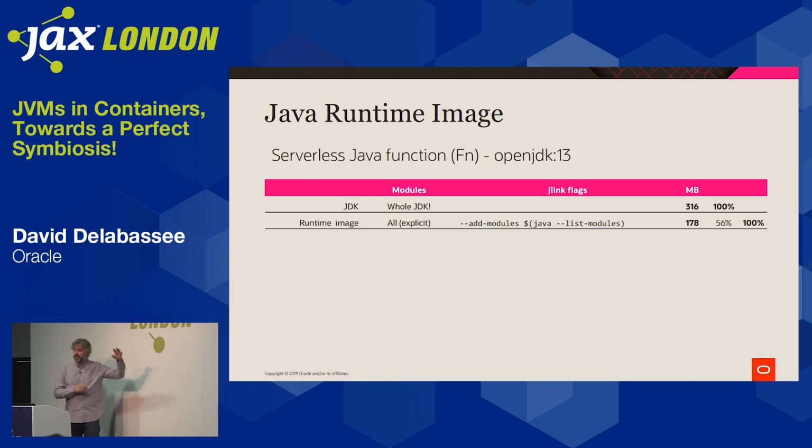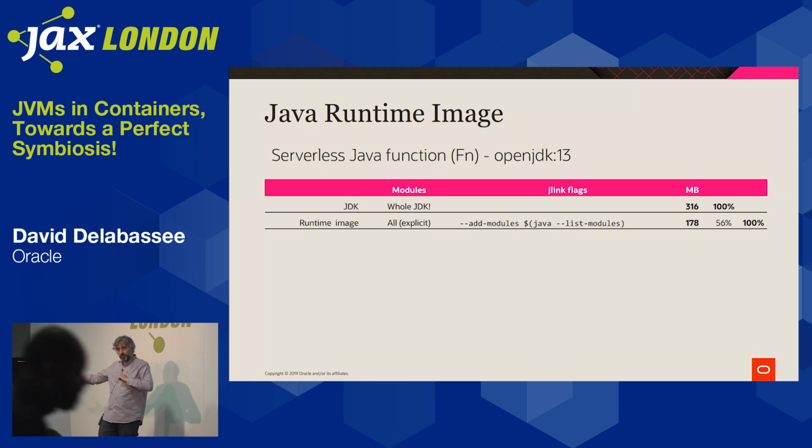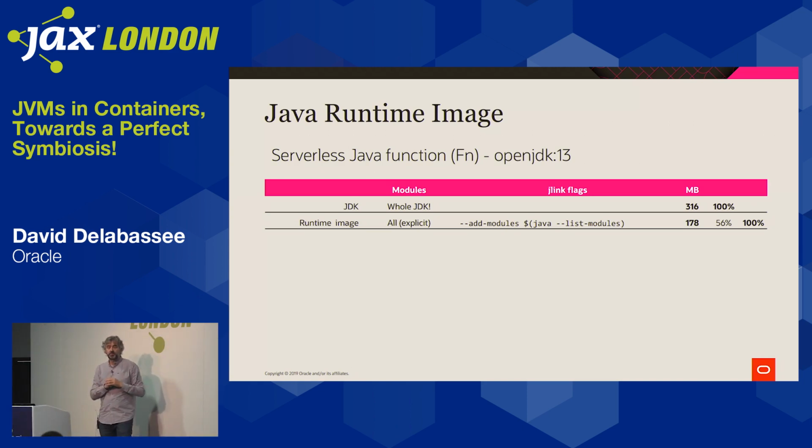So by switching from a whole JDK to a runtime image, we already save a lot. Not only that, it's also a good practice in the container space to reduce the surface. We want to have in our containers only the bits that will be needed to run our stuff. And clearly, to run a Java application, there is stuff in the JDK that is not needed. So it's also a good practice to do that.